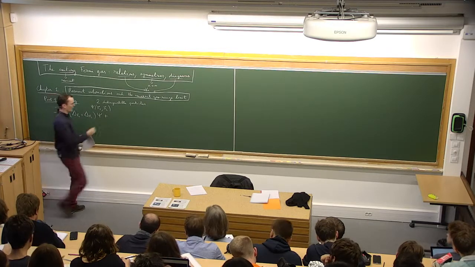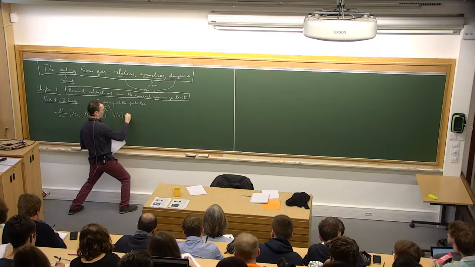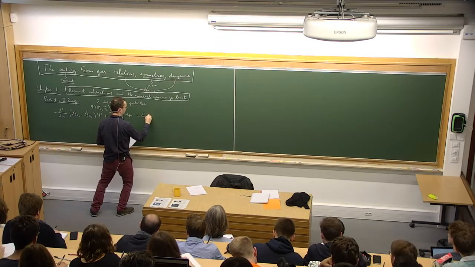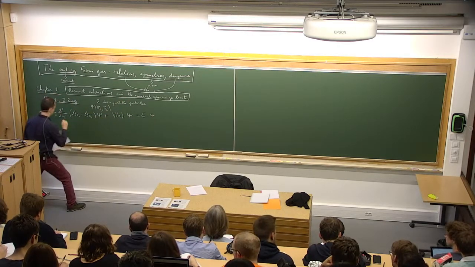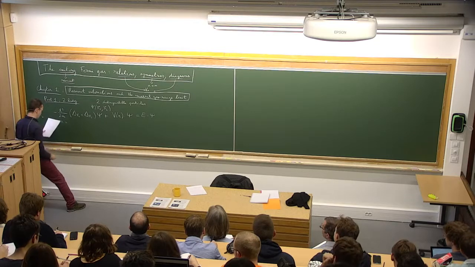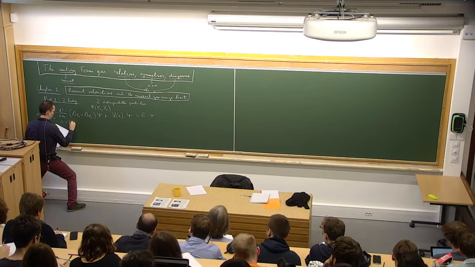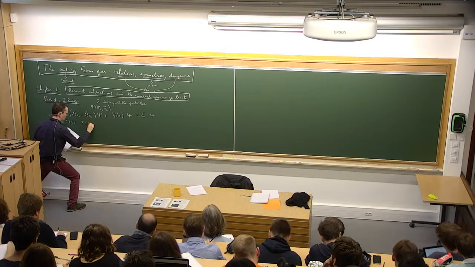And then we have some interaction V of R between the two particles times psi equal to E psi. Of course, what I call R here, it's the distance between the two particles. So it's the norm of the vector R, where the vector R is R2 minus R1.